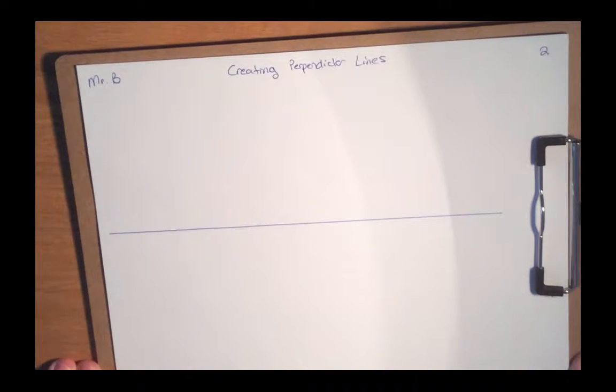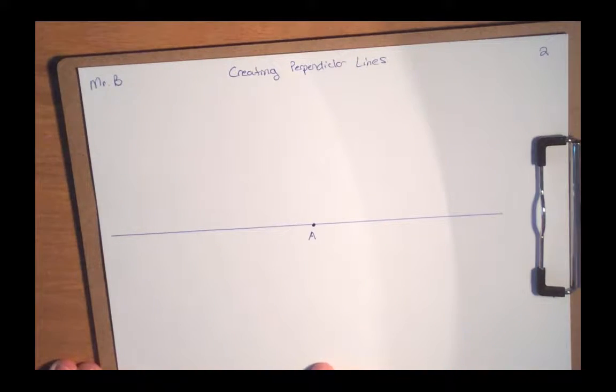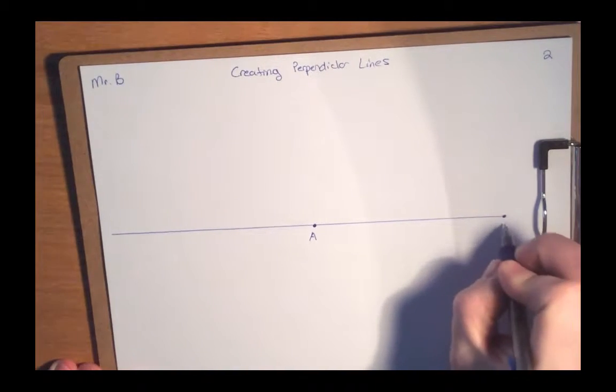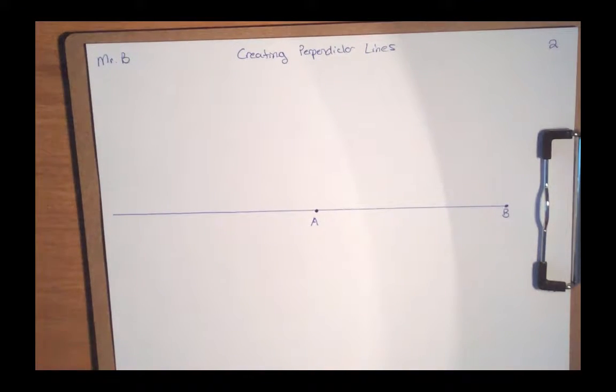And I'm going to label this with a point in the middle called A and a point at the end called B, like so. I will tell you that B plays no significant role other than for naming in this particular construction. A, however, will be a point that plays quite a significant role in this construction.